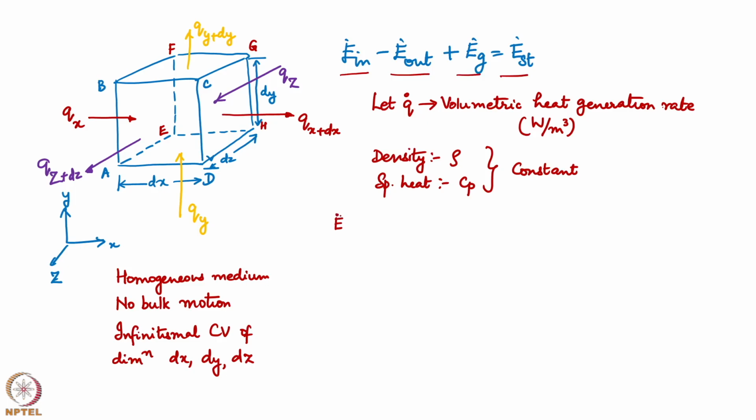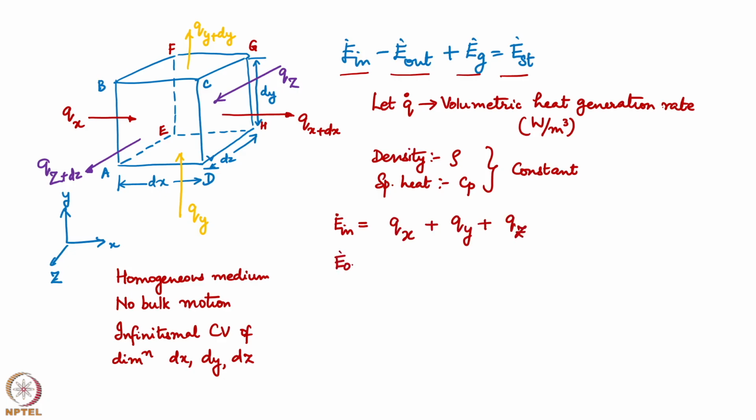E dot in. So, what does E dot in represent? E dot in represents the energy coming into the control volume from all the directions across the control surface. So, if you look at it, we have this as q of x plus q of y plus q of z.